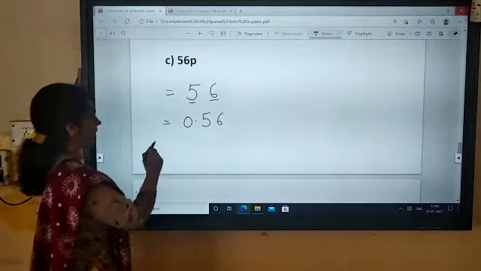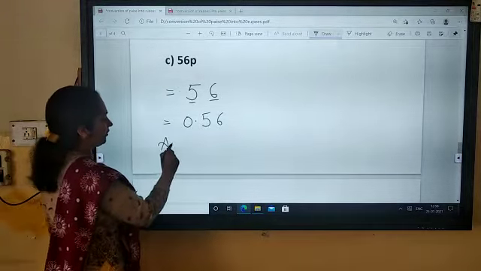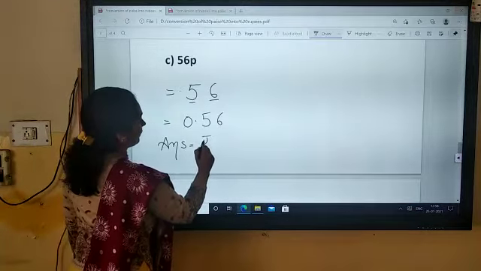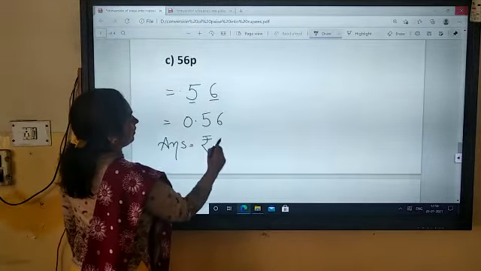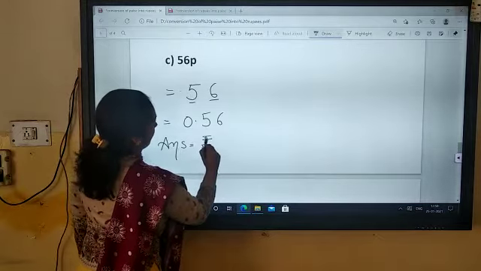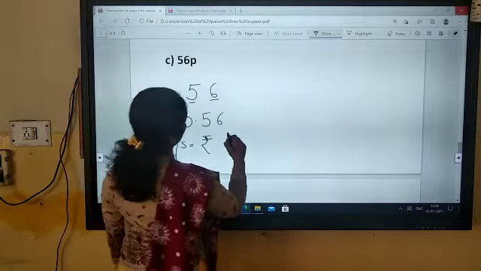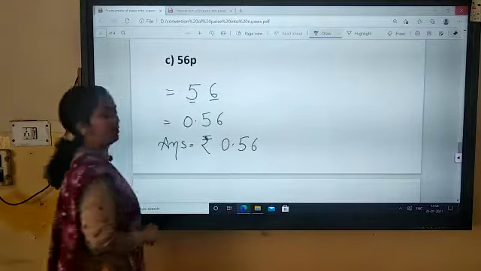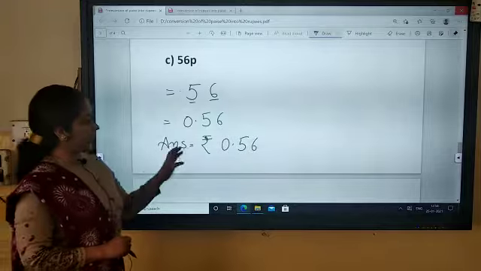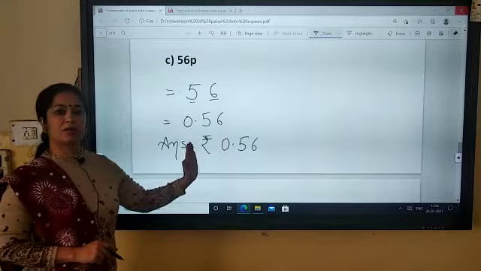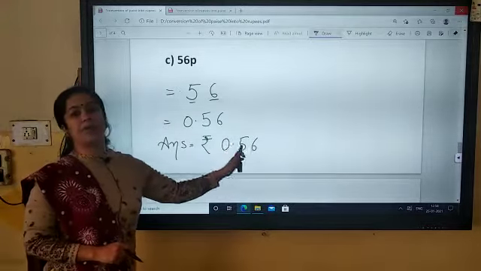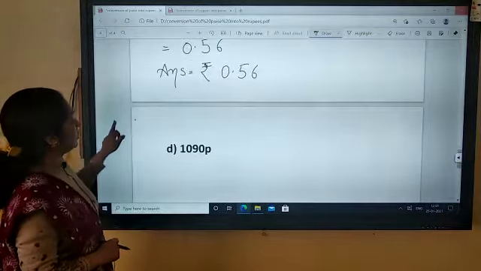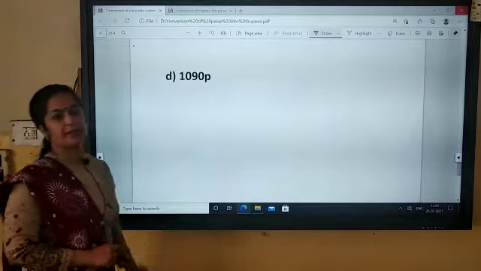We write the symbol of rupees first and then the answer, 0.56. We have no rupee, so 0.56.